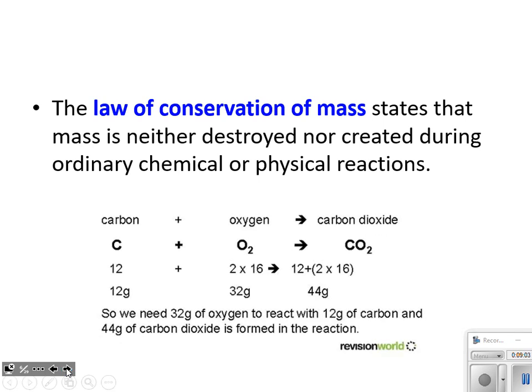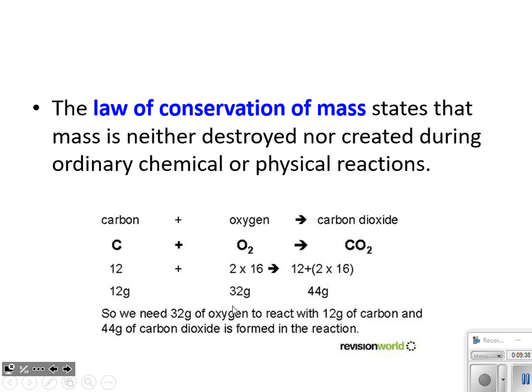If we look at this particular example, we have the production of carbon dioxide, carbon reacting with oxygen. As you can see, if you add up the reactants, carbon's 12, oxygen 16, but there's two of them, so we've got 12 and 32. When you put that together, that equals 44.